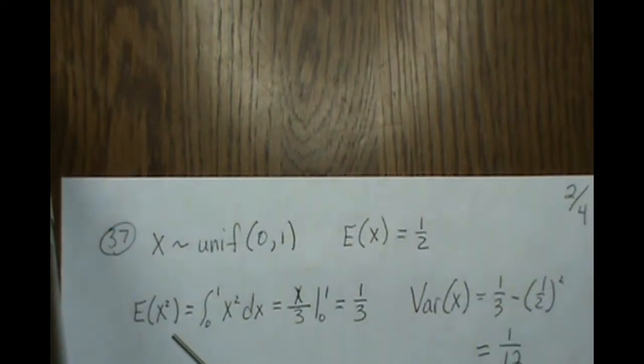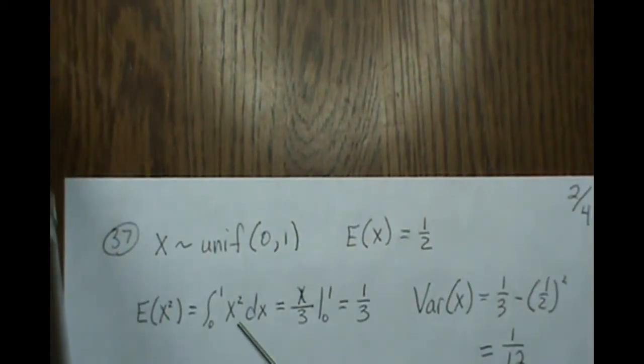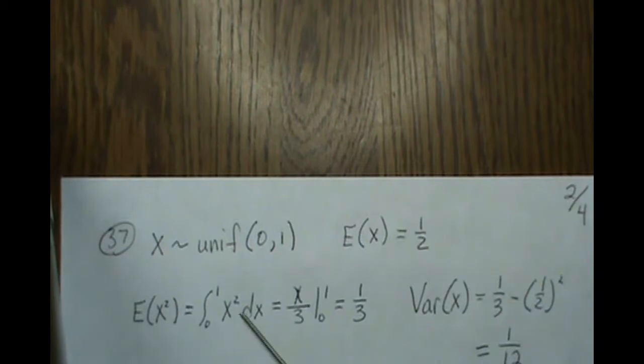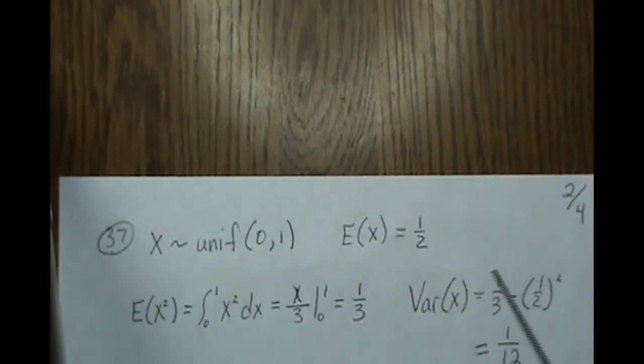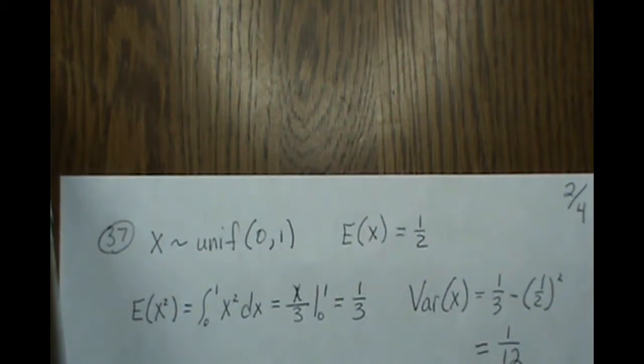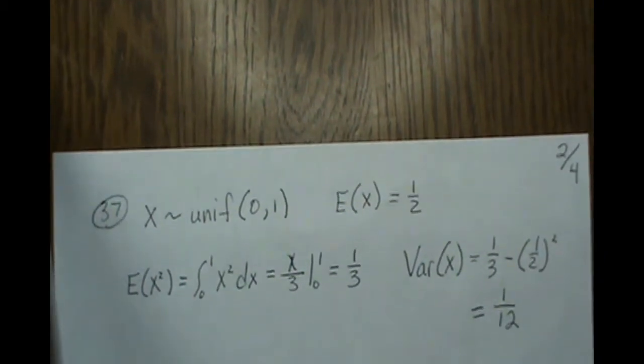And if you take the expected value of X squared, you plug in X squared times the density, which is 1, integrated over all possible values, and you get 1/3. So the variance is the expected value of X squared minus the mean squared, which is 1/12. Okay, we'll use these two pieces of information later.